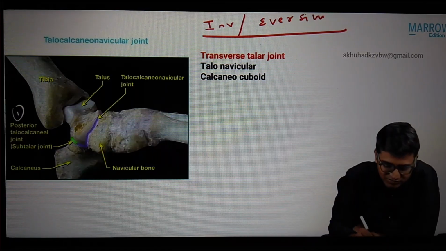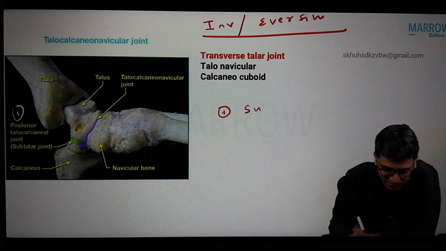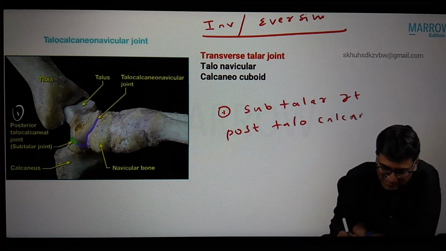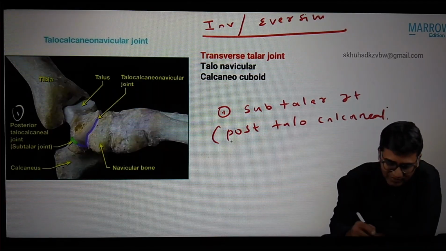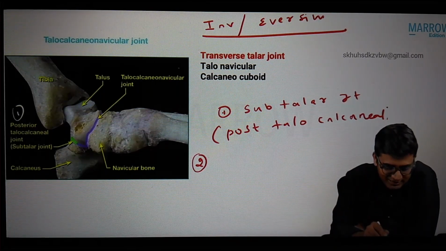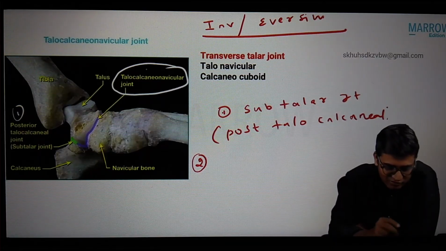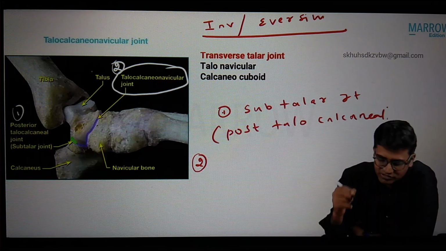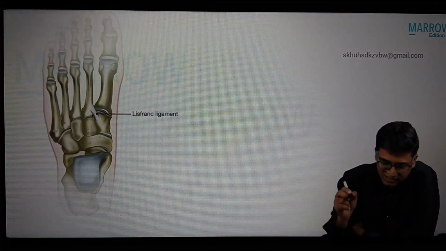So, the inversion eversion movement occurs at the subtalar joint. Number two, this movement also occurs at the talocalcaneo-navicular joint. And inversion eversion movements also occur at the transverse talar joint.